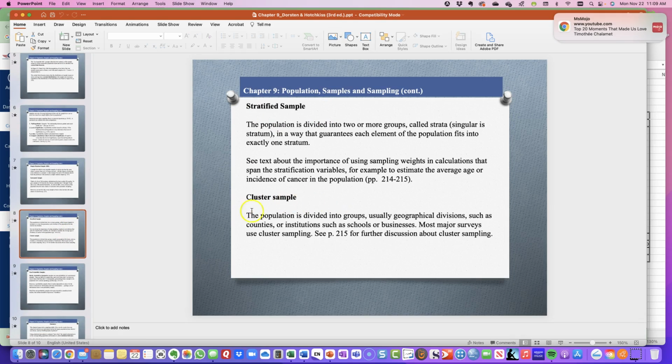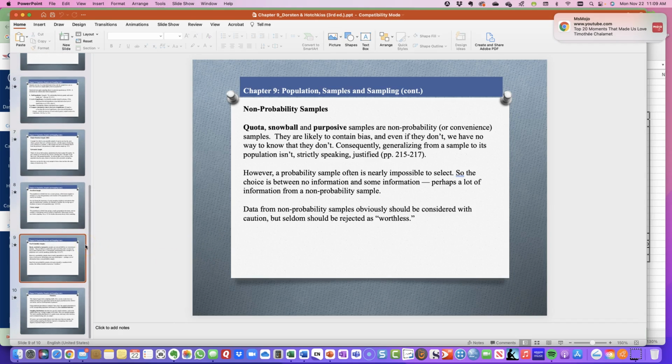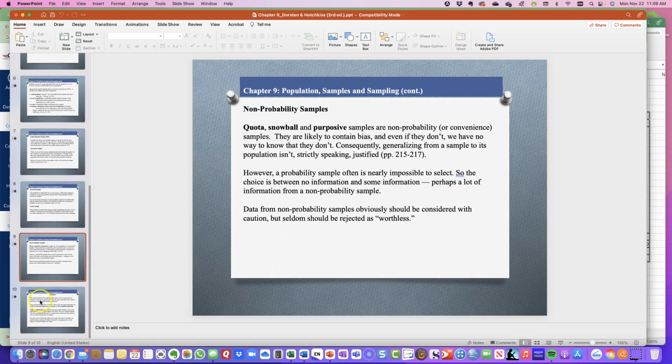You can also describe a clustered sample. And you also have several non-probability samples like quota, snowball, and purposeful sampling that has some bias, and you can discuss that. And so any one of those you're going to give as an example. So that's the last item that you're going to provide as part of your virtual classroom. So you're going to take one of the sampling types and then give an illustrative example of that.